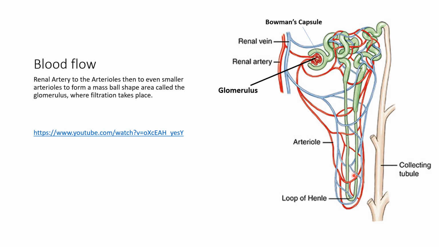So then it helps to reabsorb that. And then you have the distal tubulars here, and this is where it's very important because this is where the toxins are excreted out. Whatever waste is not needed in your body here is then further excreted out, and it becomes urine, and then it comes into this collecting tubular.